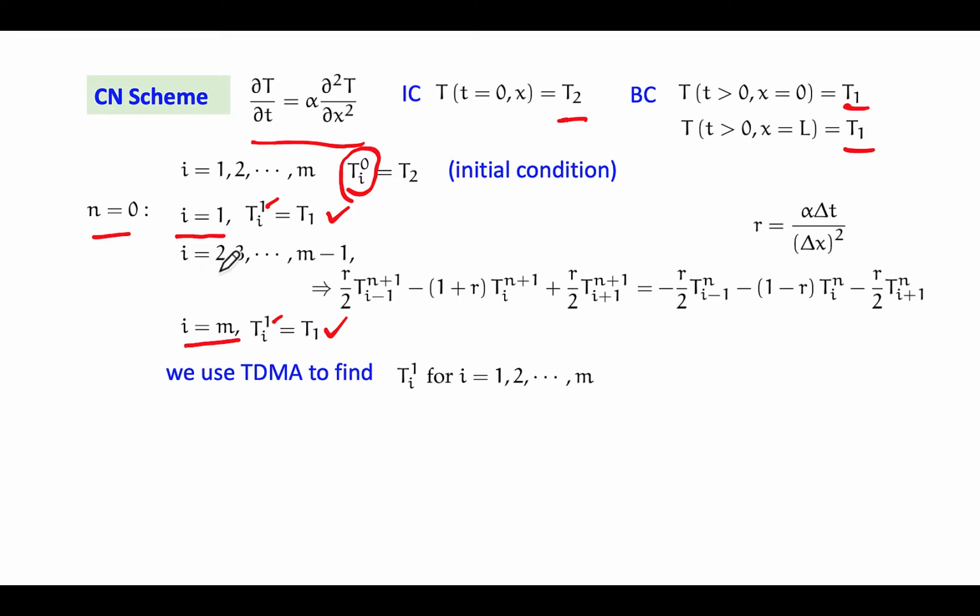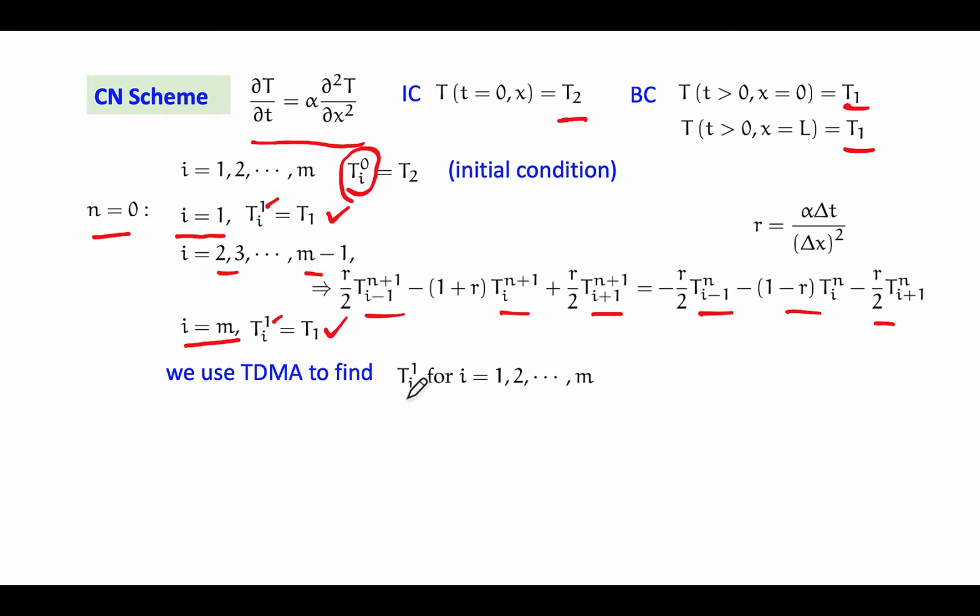For the interior points, that is 2 to m minus 1, we have to satisfy the governing equation we just derived, that is minus r by 2 Ti minus 1 n plus 1, plus 1 plus r Ti n plus 1, minus r by 2 Ti plus 1 n plus 1. And on the right hand side, everything is at the nth time level, so everything should be known.